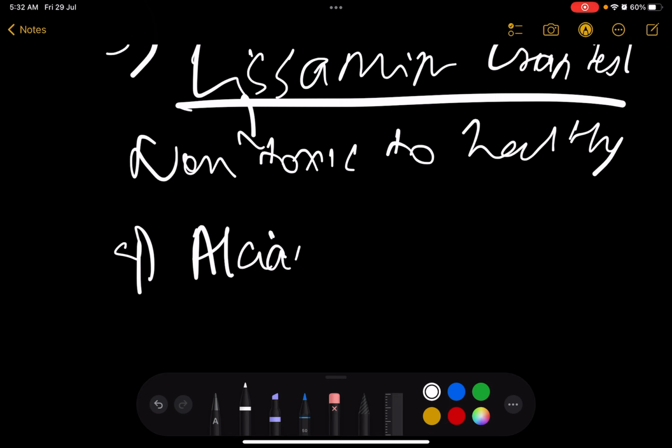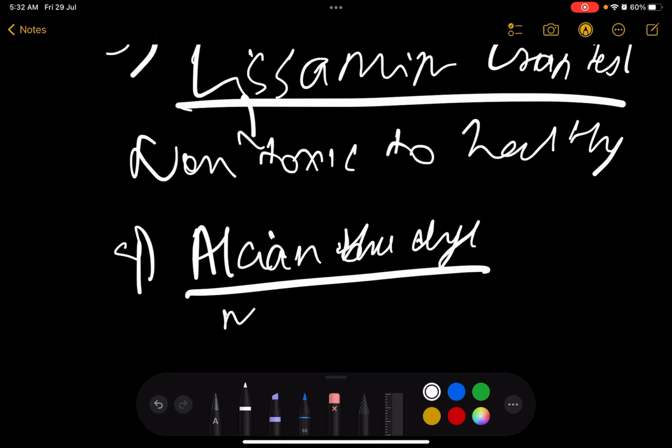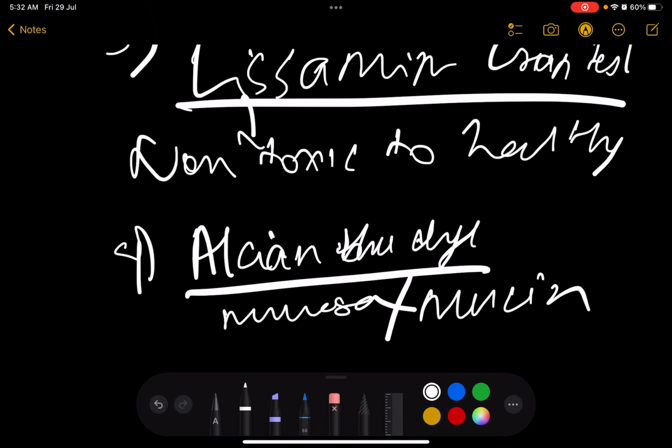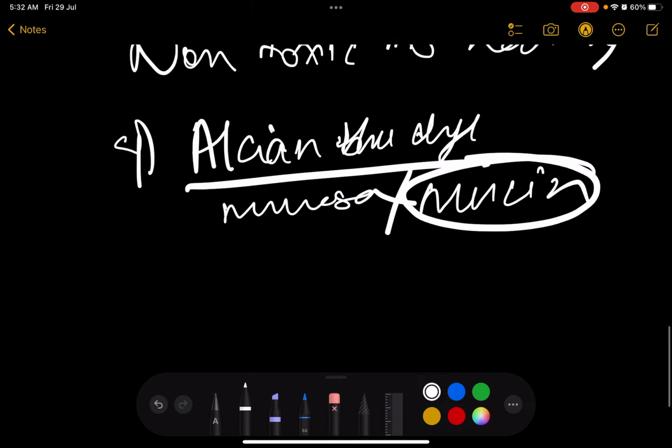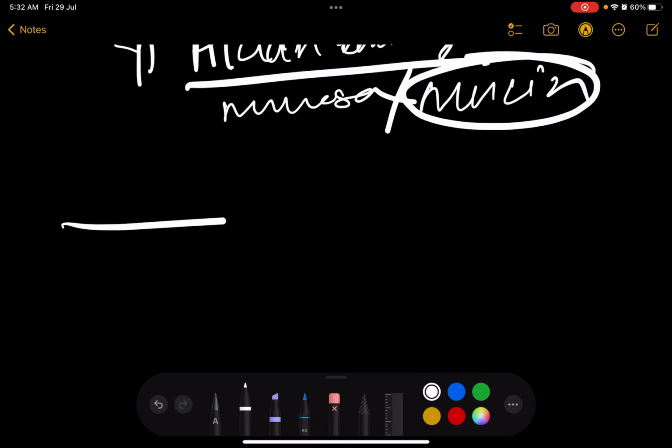Now we've studied from pathology that Alcian blue stains the mucin in the mucosa. So obviously Alcian blue is going to stain the mucin in the cornea too, and that's how we can come to know what pathology it has.